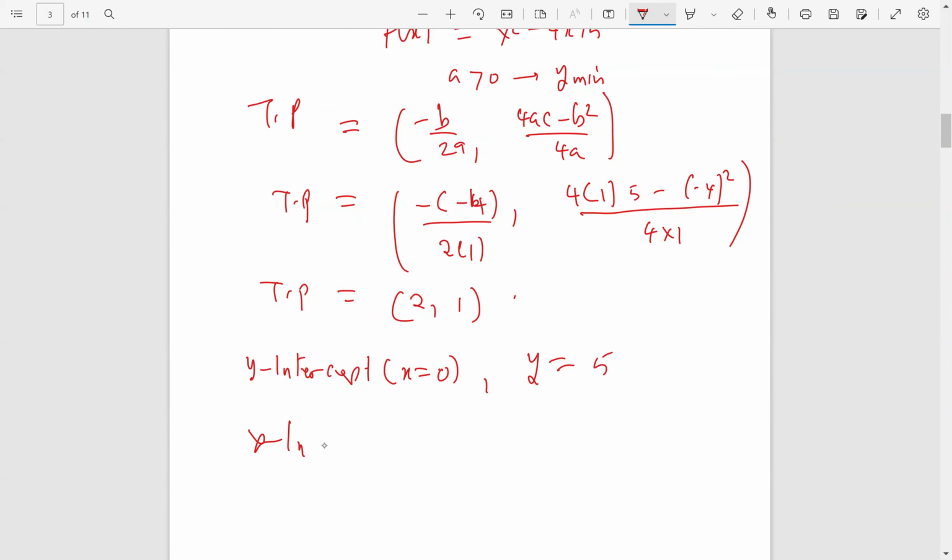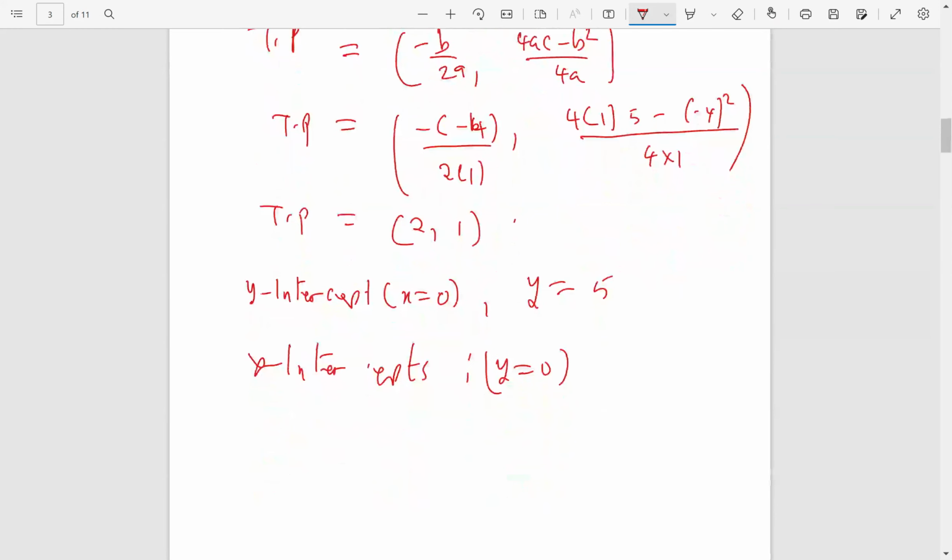What about the x-intercept? This is when y equals 0, of course. So we're going to solve this equation, x squared minus 4x plus 5 equals 0.